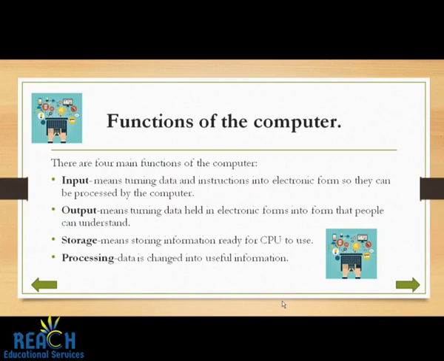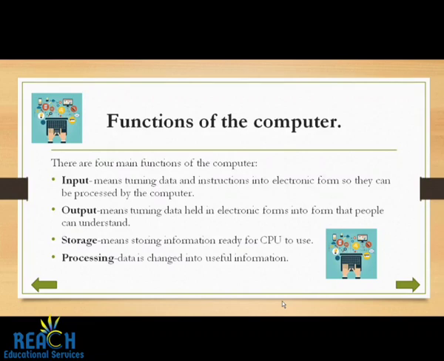Now you don't want to lose all this data, and so this is where storage comes in. Because you don't want to lose that information, you have to put it somewhere safe, right? And so we say that this is where the storage process or the storage cycle takes place.